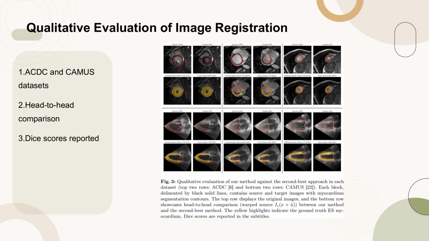The top row displays the original images, and the bottom row showcases a head-to-head comparison of the warped source images, x plus U, between our method and the second-best method. The yellow highlights indicate the ground truth ES myocardium. DICE scores are reported in the subtitles, demonstrating the effectiveness of our proposed method in capturing more accurate correspondence across different modalities and frameworks.